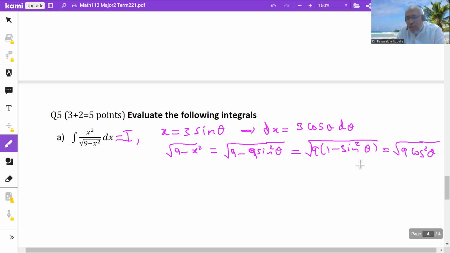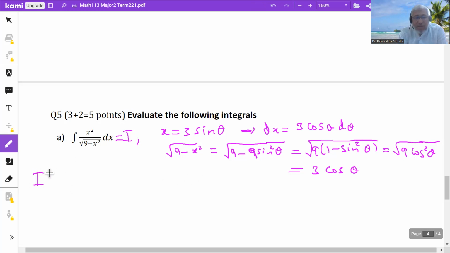Here there is a domain for theta in which the root would be the positive cosine theta. The square root of cosine squared is the absolute value of cosine theta, but because of the domain we chose for theta, it would be 3 cosine theta.